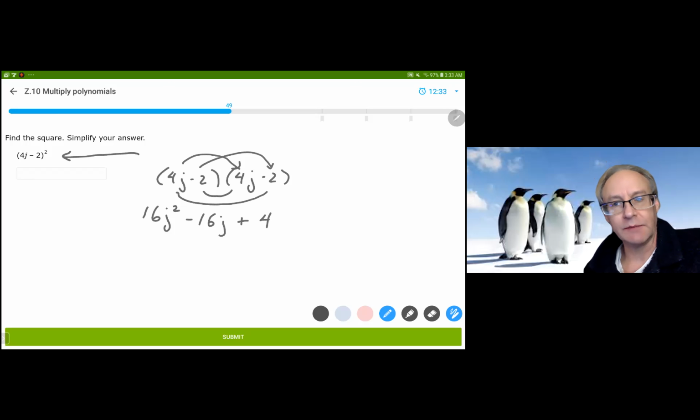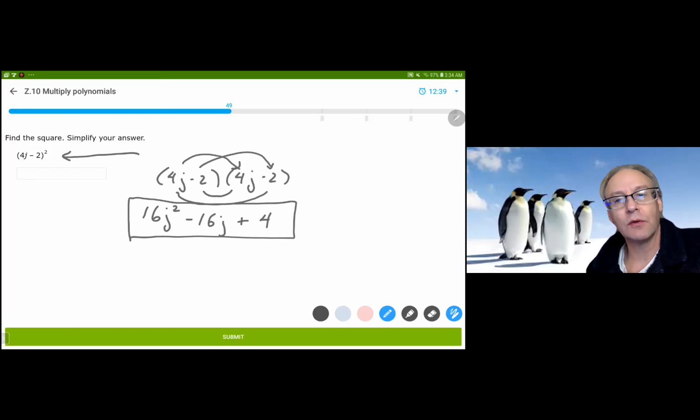This is called a perfect square trinomial. That's what this thing is called. And memorizing the structure of a perfect square trinomial is really important. We always get a positive at the end, and we always get double the product for our middle term. And of course, we get a perfect square to start with.